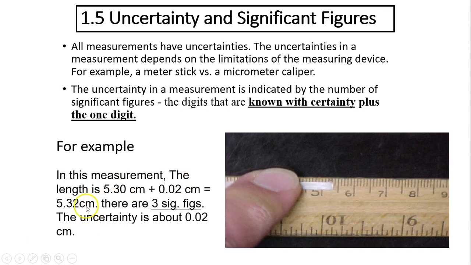So in this measurement, the length is 5.3, these two digits are certain, plus the one digit you have to estimate. So the total length is 5.32 centimeters. There are three significant figures in this number. So the uncertainty is about 0.02 centimeters. This indicates the uncertainty of this measurement.